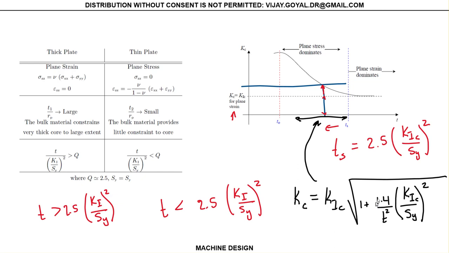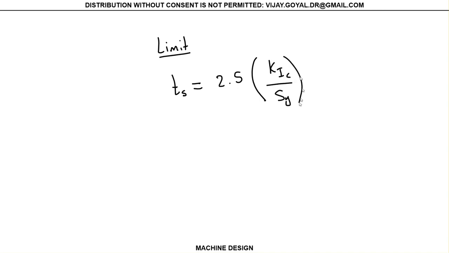But we will do more examples and you probably will understand this better as we move on. So let me summarize a few things here before we move on. Your limit value: you're going to check your t. Your t transition is given by KIC over sigma yield, squared. If your t is bigger than or equal to TS, then just use the value KIC from the table.